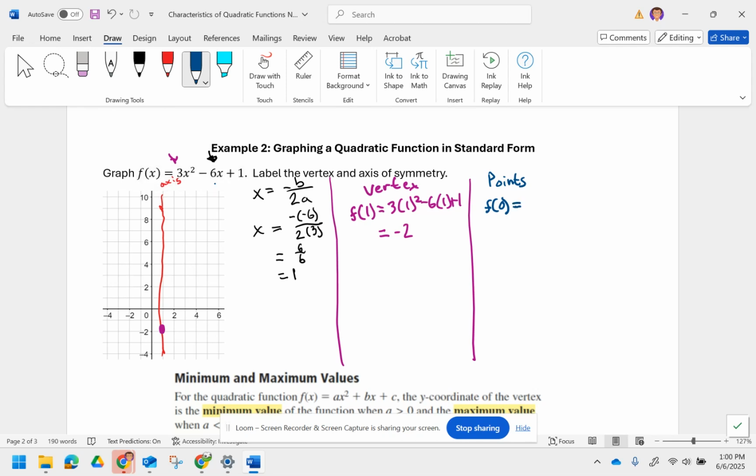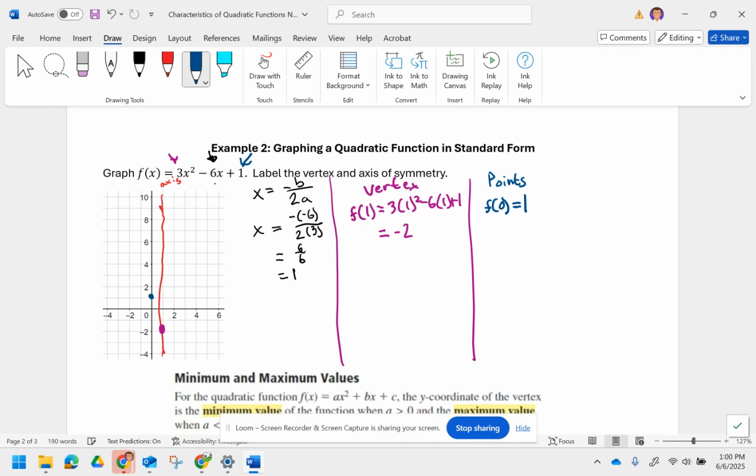So if x is 0, well, 0 times anything is 0. So that's a 0 minus a 0 plus a 1. So f of 0 is 1, or in other words, just the value of c. All right, so f of 0 is a 1.